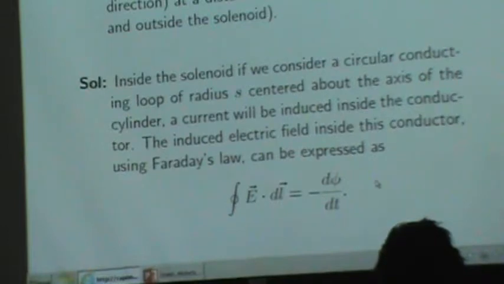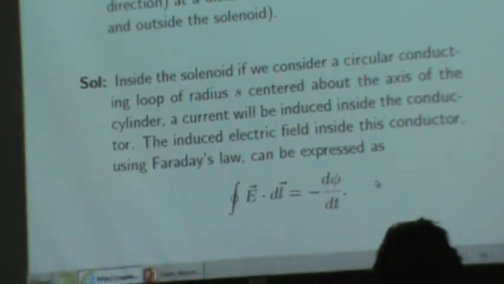Or if you have a bigger one, which is greater than the radius of the solenoid, what would be the induced electric field? It's pretty straightforward. You just start from that equation and find the electric field.